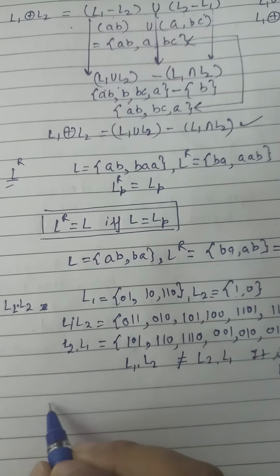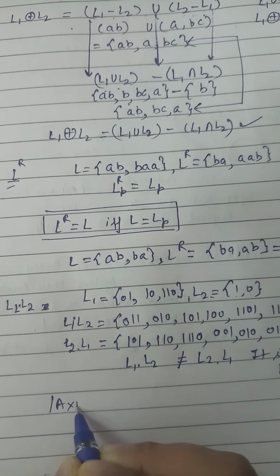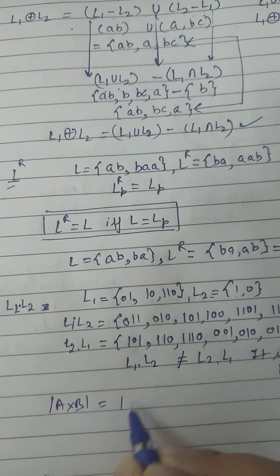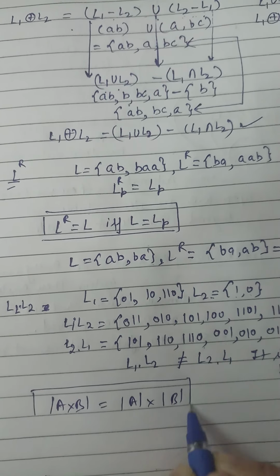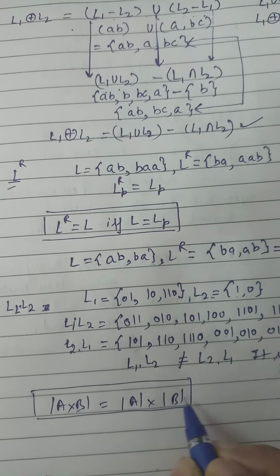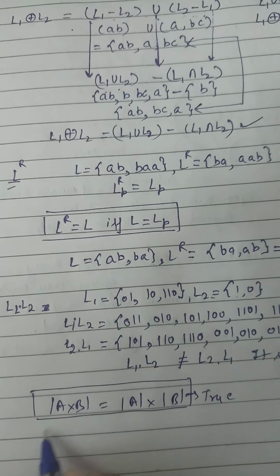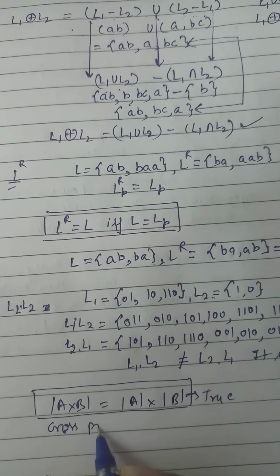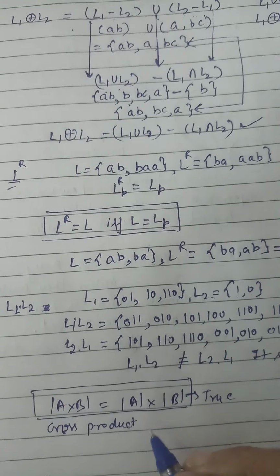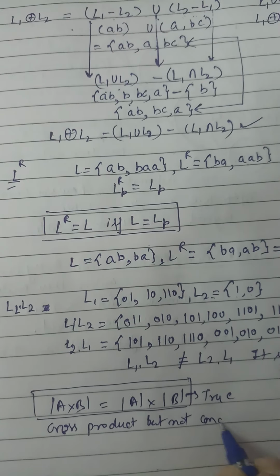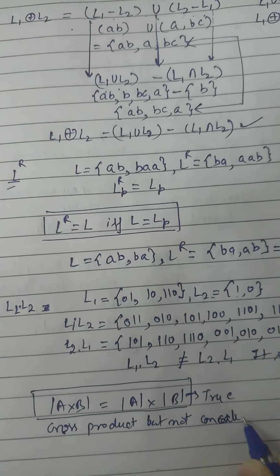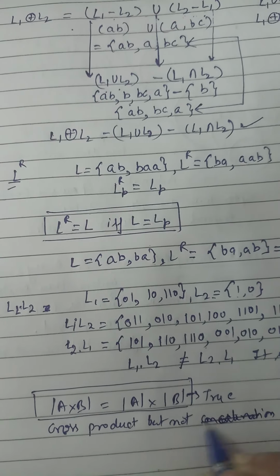And it is clear from the definition of cross product that the modulus of A cross B is equal to the modulus of A times the modulus of B. That is true only for cross product, but not in the case of concatenation, as we can clearly see from here.